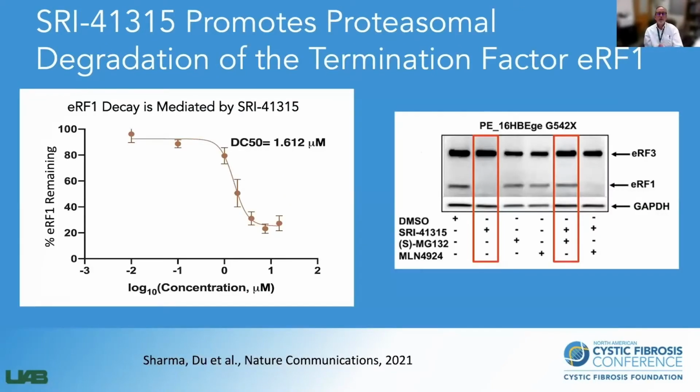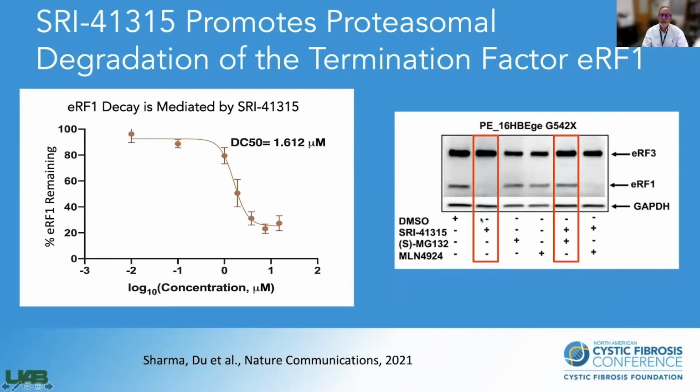All right, so now let's talk about mechanism for a minute. We've looked around and we found that 37240 and 41315 specifically appear to destabilize ERF1. This is a curve showing the abundance of ERF1 as a function of 41315 dose with a DC50 of about 1.6 micromolar.